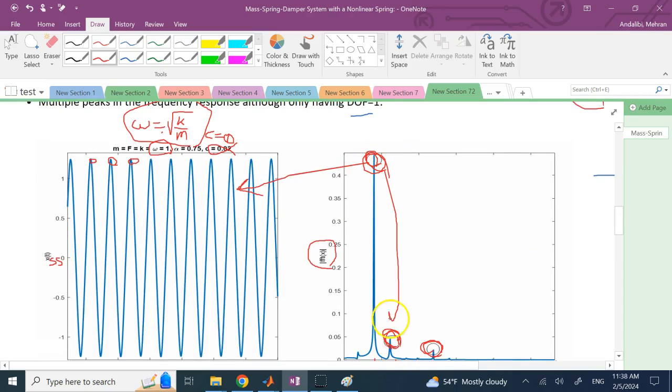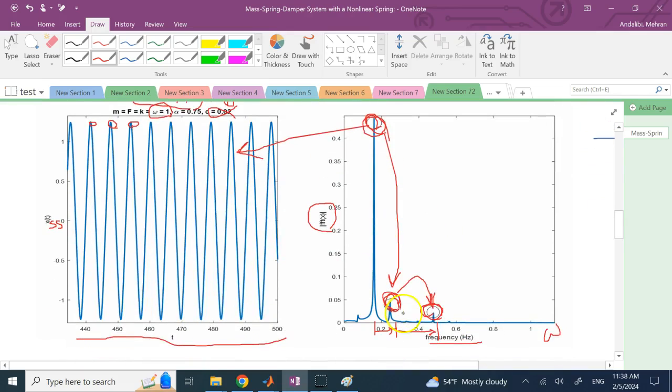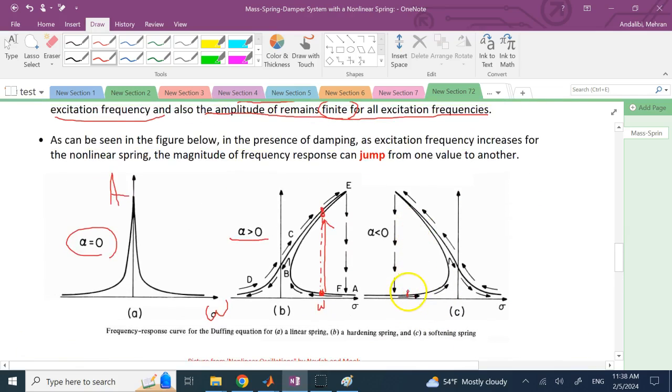I have a jump. And when I go forward from this frequency to this frequency, again I have another jump. So depending on what frequency I pass to the system, I get different amplitudes, and so I get this different jumping from this one right to the point above it. And the way they change, for negative alpha, the peaks will have this kind of behavior, as you can see.